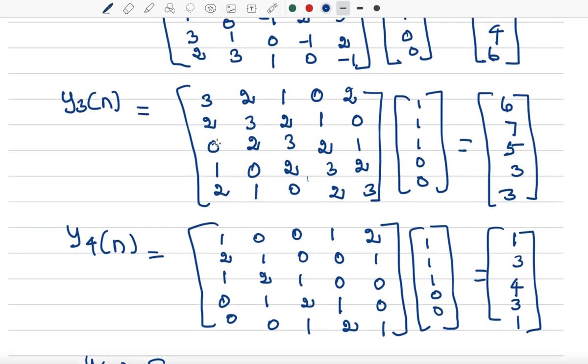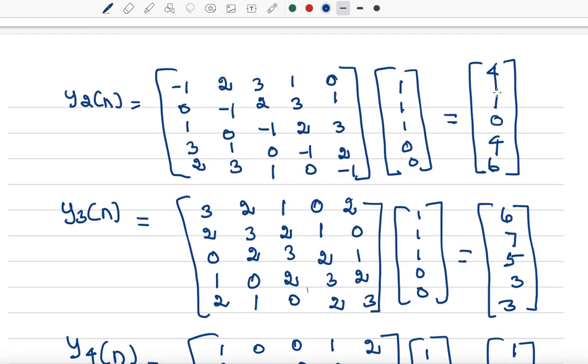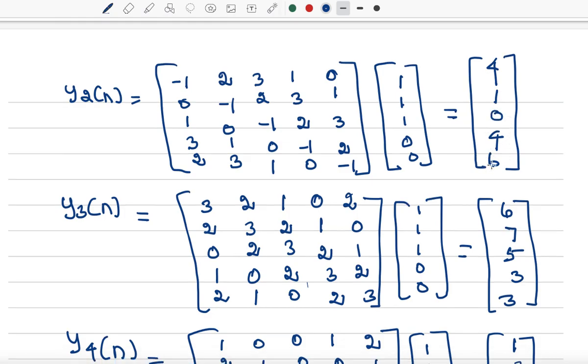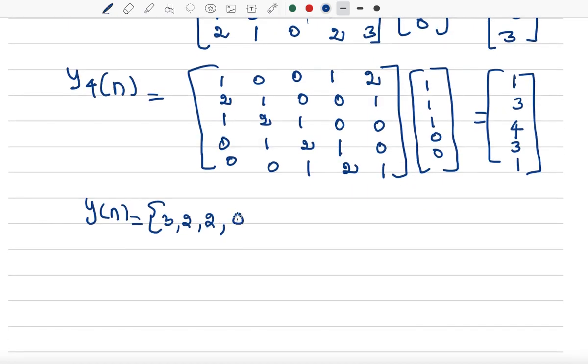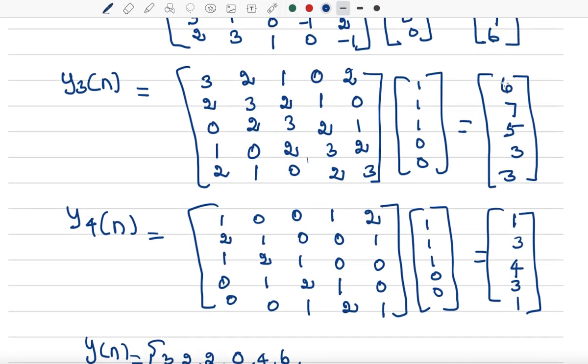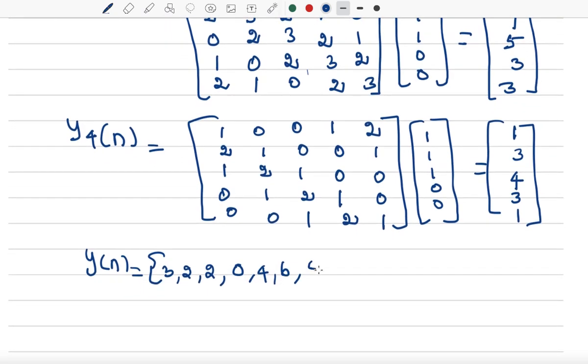Considering the second input also, we need to discard the first 2 values. So the remaining values are 0 4 6. Then the third sequence, here also we are discarding the first 2, 6 and 7, considering the remaining values 5 3 3.